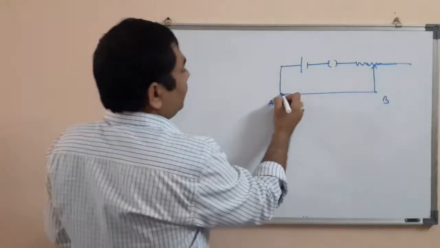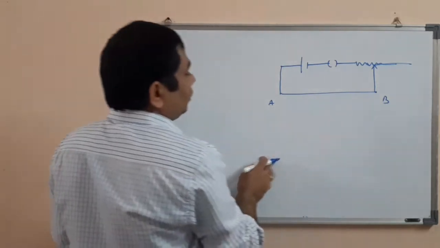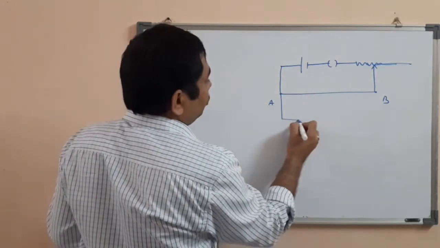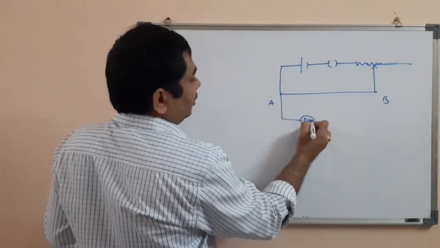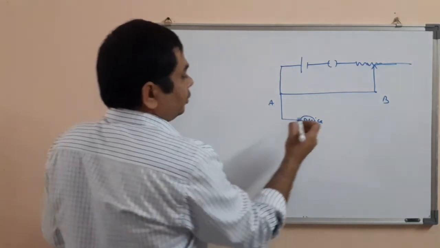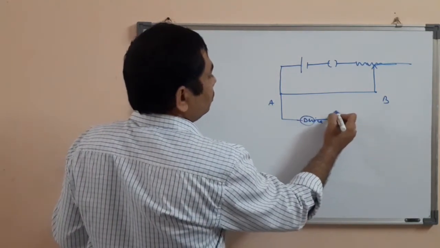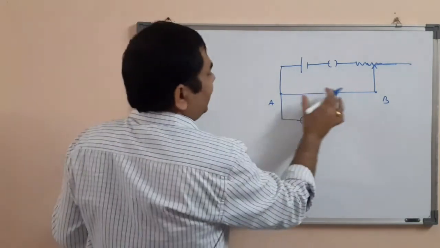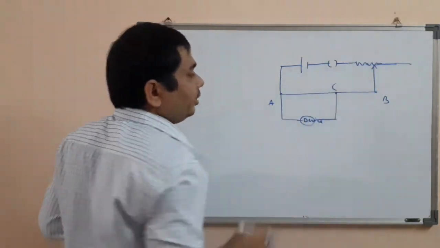Okay, so there will be a potential difference across this wire AB. Now we will connect the device to be used. Suppose this is one device. We will connect it across this, and the other end we will connect to a sliding contact. So this sliding contact will divide this wire AB into two parts, AC and CB.